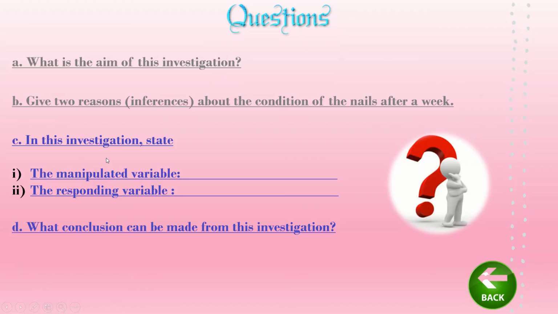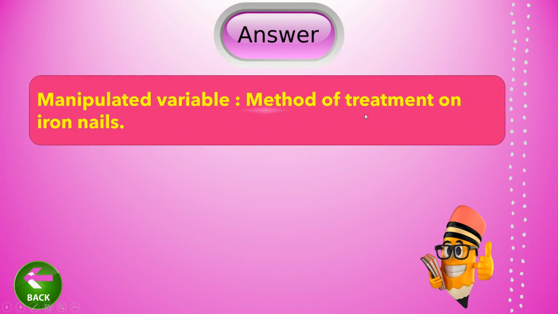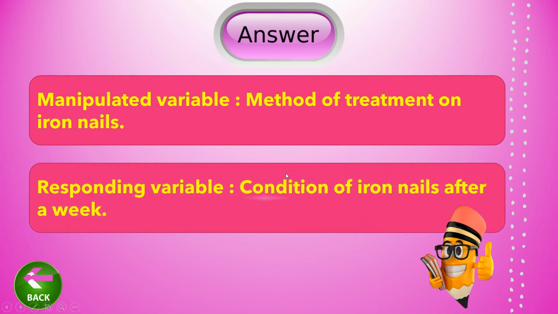Question C. In this investigation, state the manipulated variable and the responding variable. The manipulated variable, as I mentioned before, is the method of treatment on iron nails, and the responding variable is the condition of iron nails after a week.